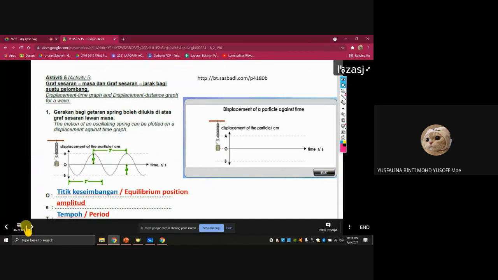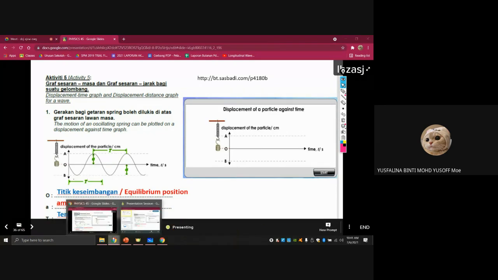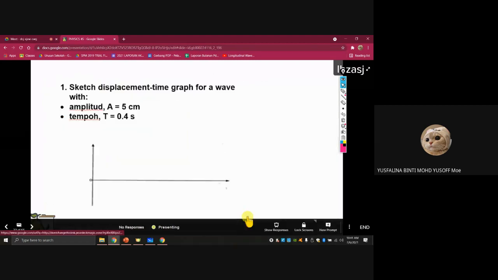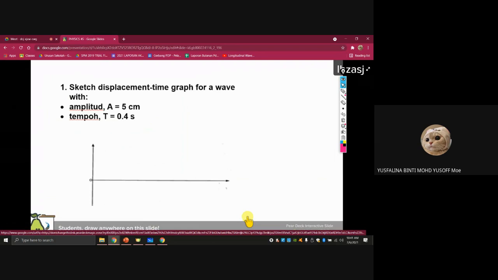Can you see the screen here? Can you try to answer that one?